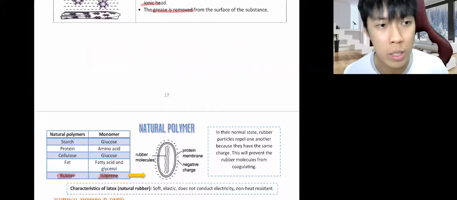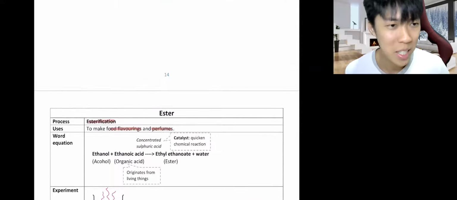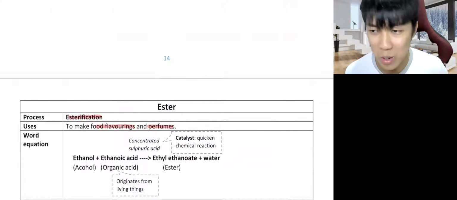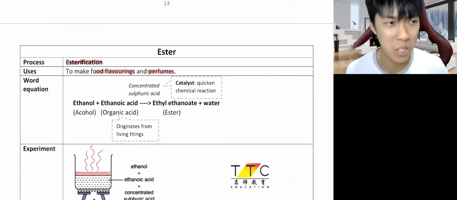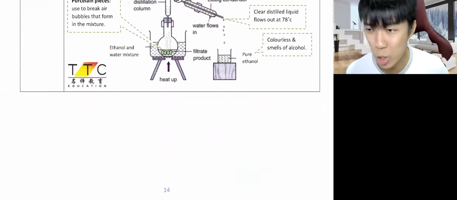Sweet smell is ester. Alcohol not sweet at all. Alcohol is harsh to the nose. Ester, sweet smell. So no. Soluble in water can. Wait, let me check again. Yes, can. Soluble in water can. Yeah, volatile can. There. I highlighted 4 for you to remember. I mean, 3 short answers will do.